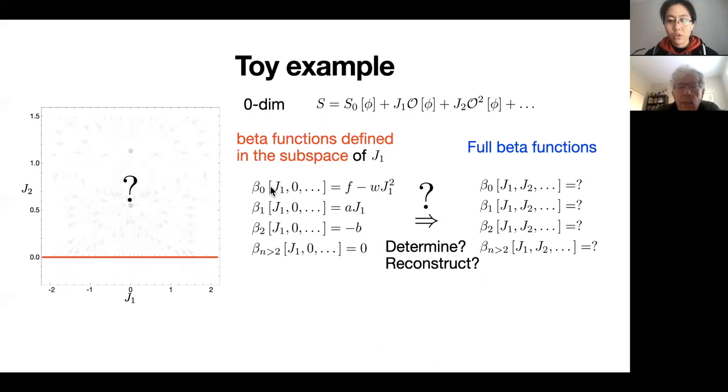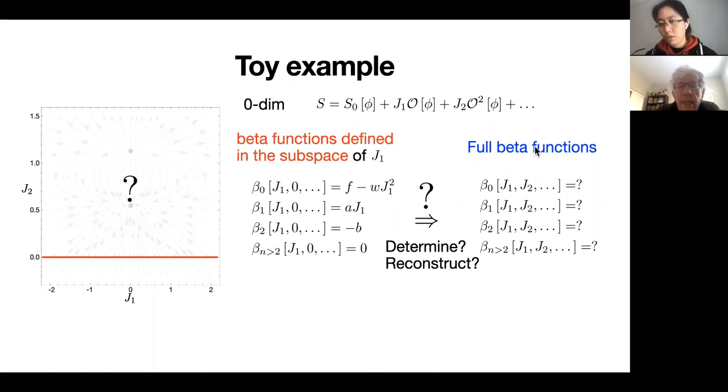So the beta function is basically, in our convention, the form dJ/dz, where z is the logarithm of length scale. And by beta function defined in the subspace of some coupling, I mean the beta function as a function of the certain coupling only, by setting other couplings to 0.